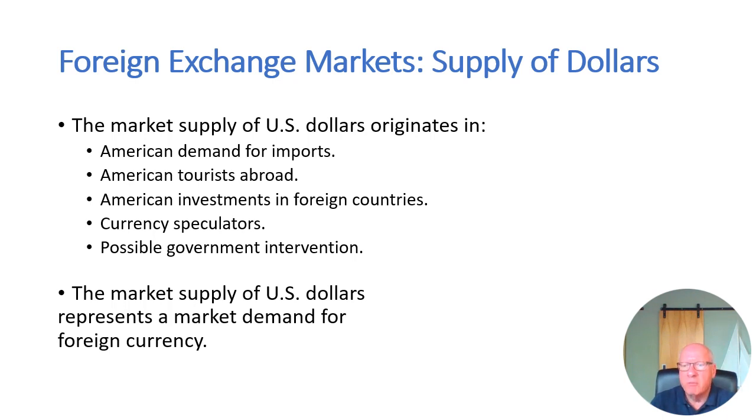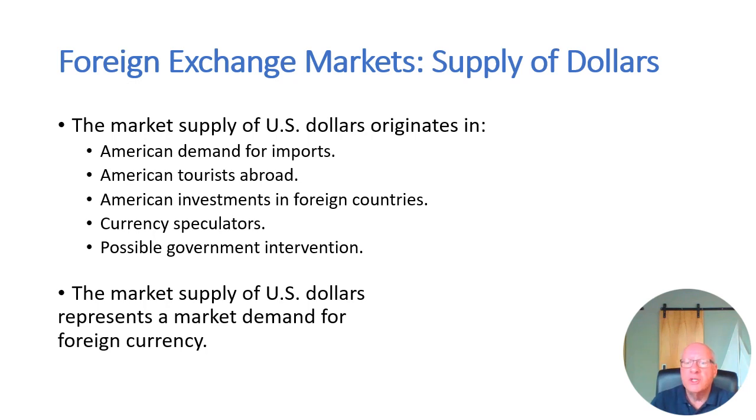American tourists going abroad do the same thing, as we've already examined when our tourists tried to buy croissants and coffee in Paris. And then, of course, American investments in foreign countries. Americans invest in many, many countries. Oil companies, say, are constantly investing in foreign countries to drill for oil. You can buy real estate in foreign countries. You can buy stocks and bonds of foreign companies.